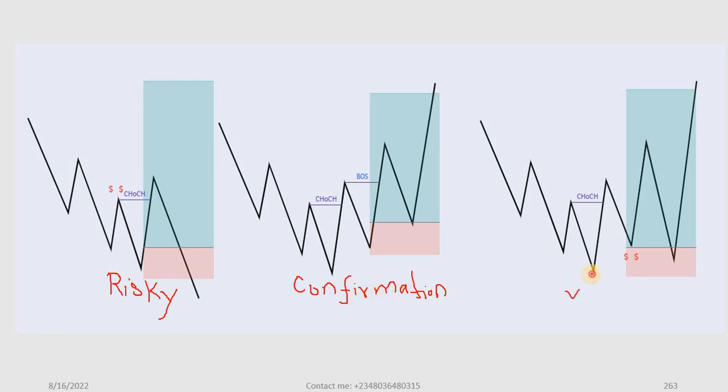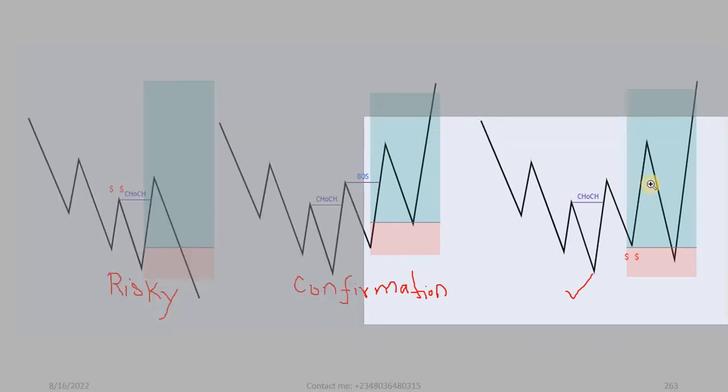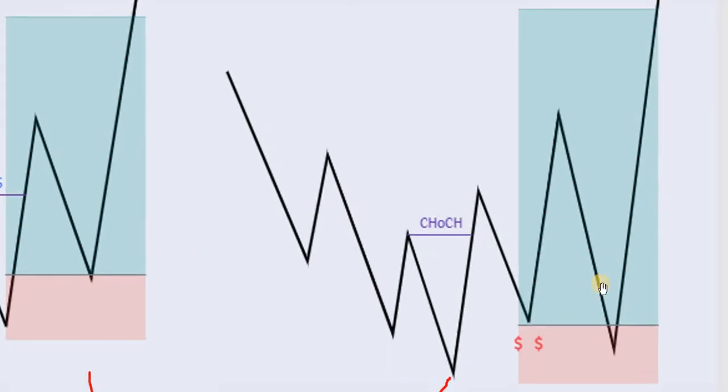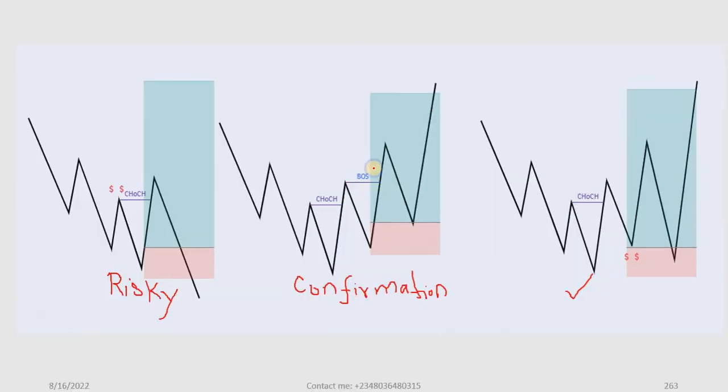And also you have to be very careful as well, because this can also happen. Let me just try to see if I can zoom it. Yes, this scenario can also happen where after you have a change of character, and then you also have a break of structure here, which should be enough, but sometimes it is not enough.